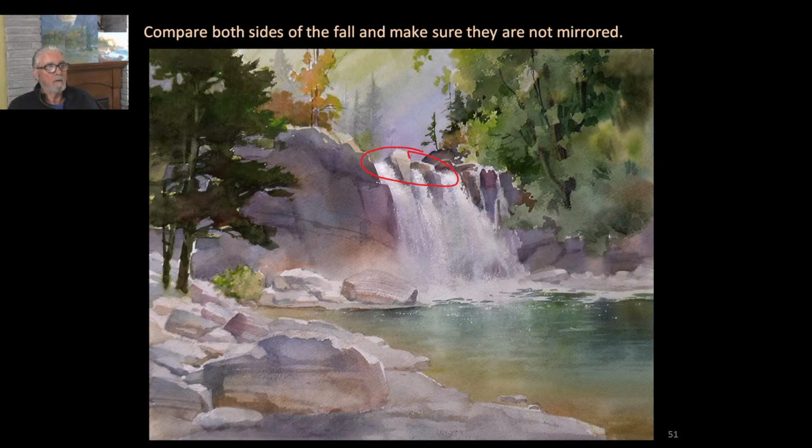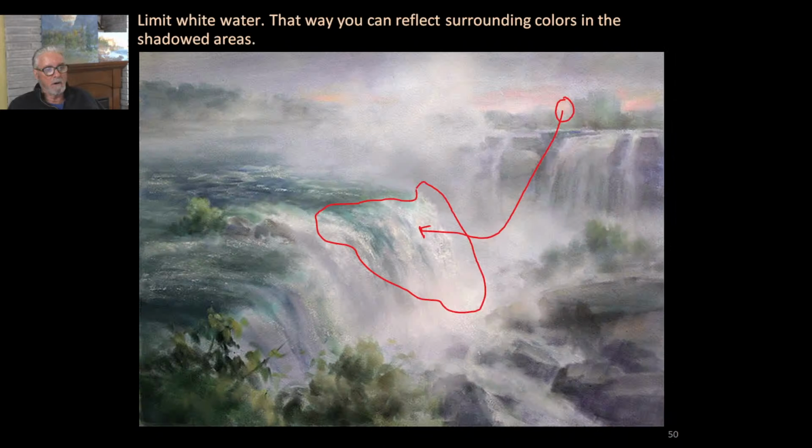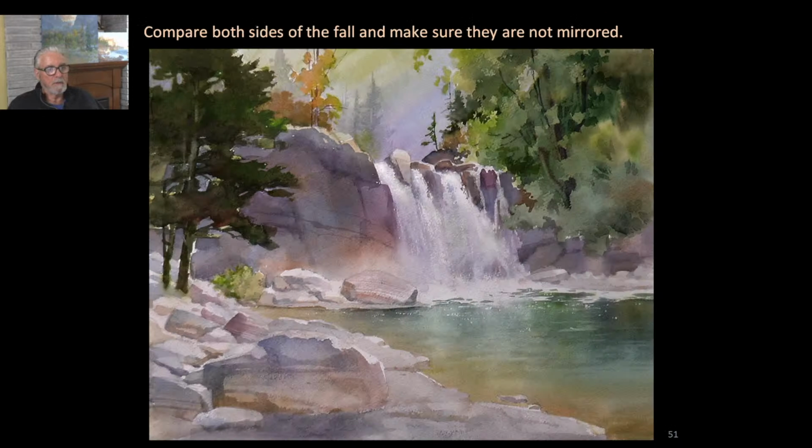Secondly, make sure that if you have one side that's running down like this, the other one should be dramatically different. So you can see this one's going on a diagonal, and then I inserted these rocks over here. Now another cool thing that you can do is, so that the water looks semi-transparent, allow some of the rocks, like I equate this to the bridal veil.